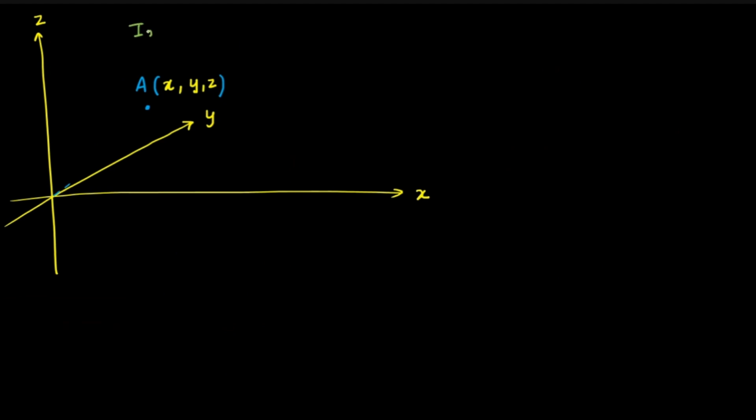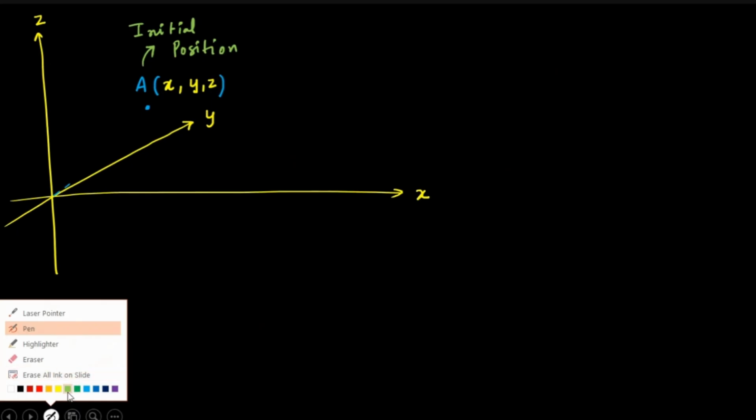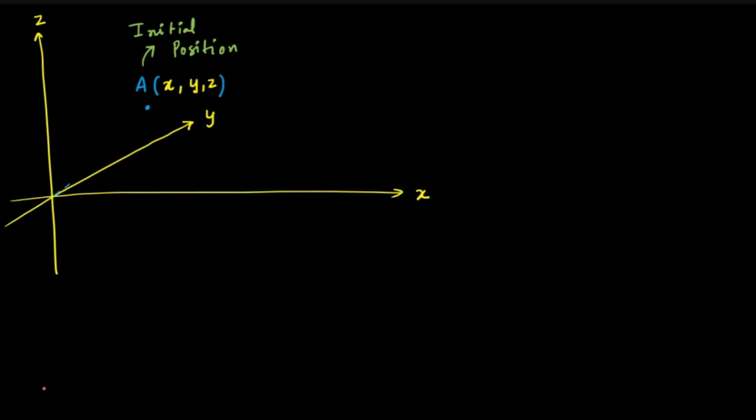All right. So I have assumed that initially the particle is at this point. This can be represented by writing initial position. In order to represent this initial position or any position of any particle, we use a vector. This initial position can be represented by a vector.